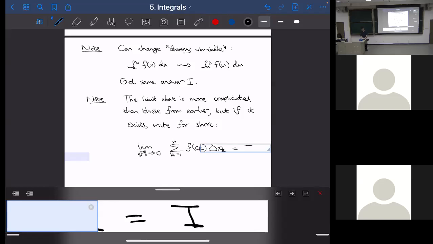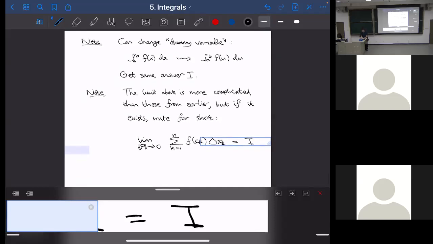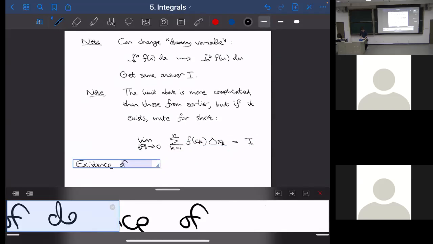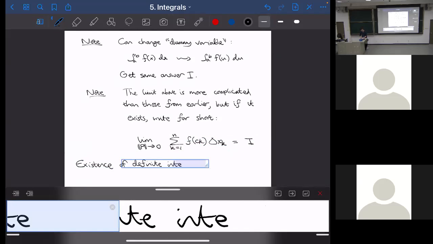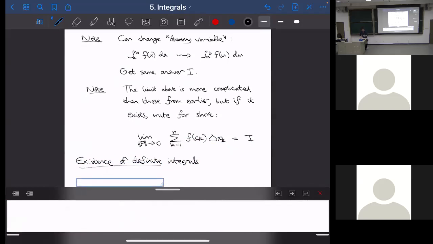Okay, so now we defined it, let's start to calculate it. And the first step is to say when it exists and when it doesn't exist. So let me just give a theorem.